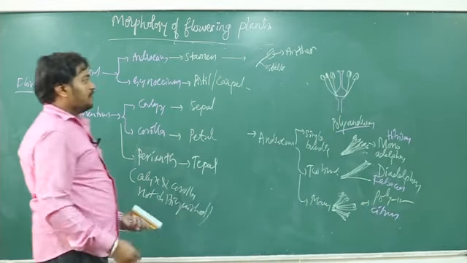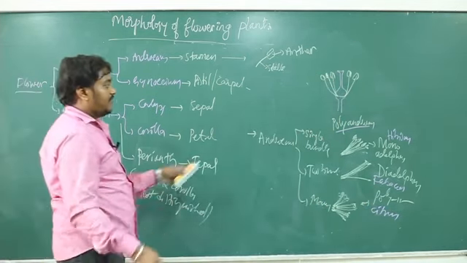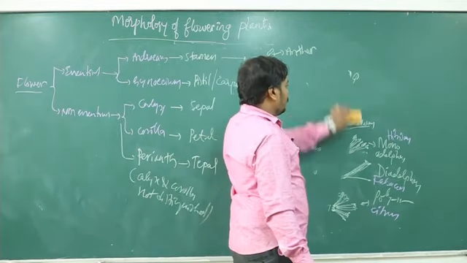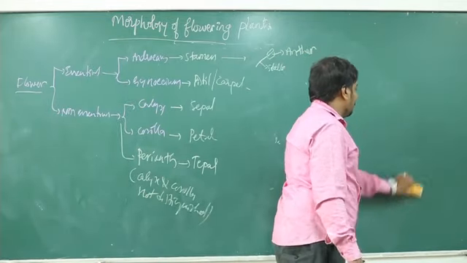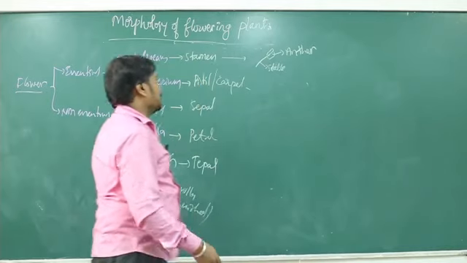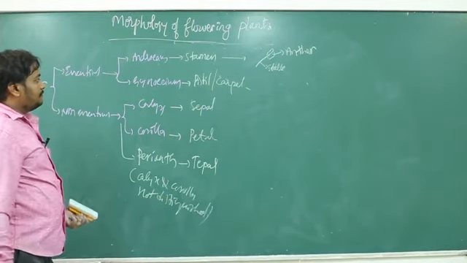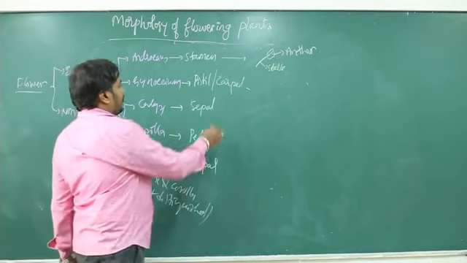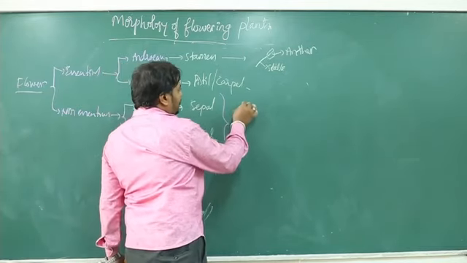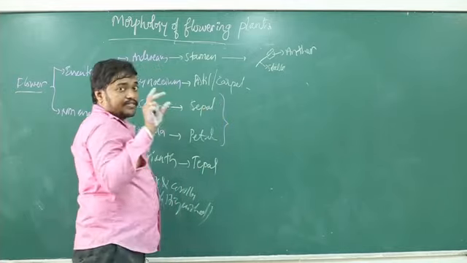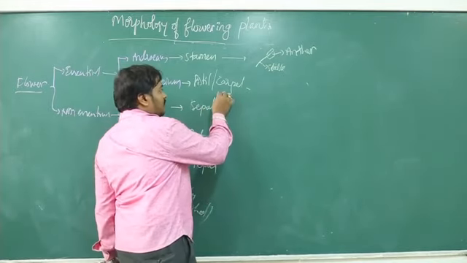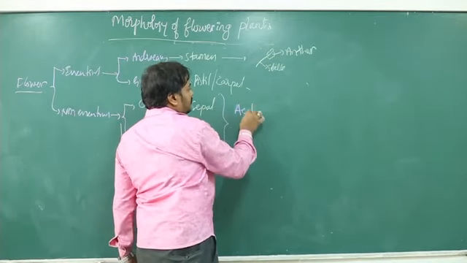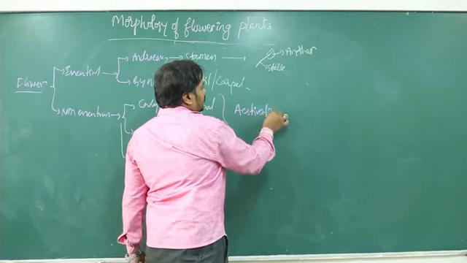Okay, so this is about the united structures of androecium. The androecium fuses together to form a single bundle or many bundles. Based on that we have different names for that. Okay, yeah. And for calyx and corolla, the arrangement of sepals and petals on a flower is called aestivation.